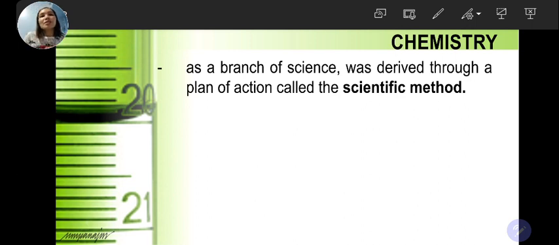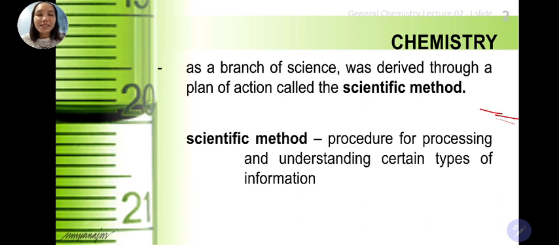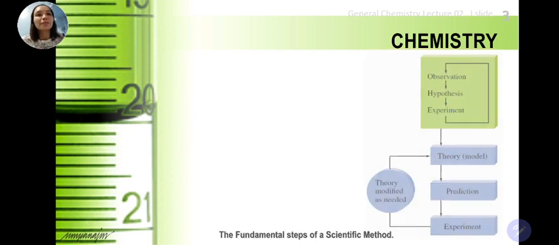So, since chemistry is a branch of science, it was derived through a plan of action called the scientific method. This scientific method is a procedure for processing and understanding certain types of information.